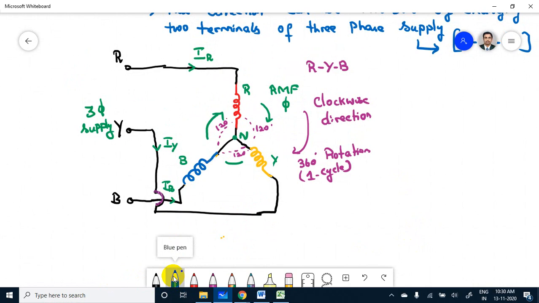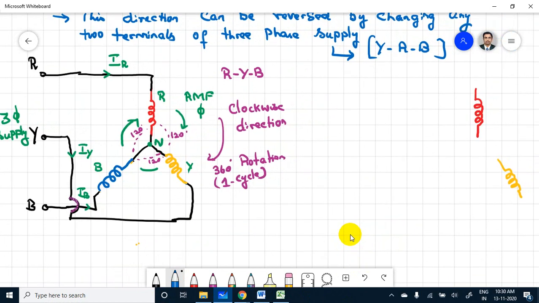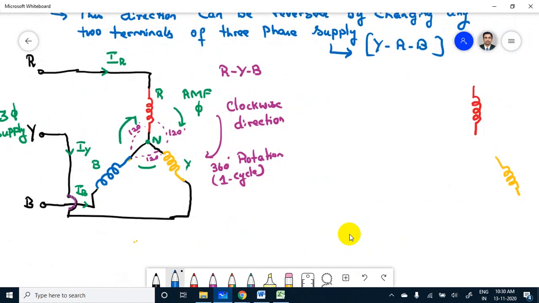This is B. Okay, R Y B. Understand? So this is clockwise. In anti-clockwise, the same three phase which we are taking will be connected to RYB.